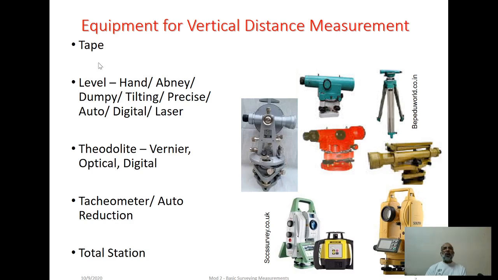We can make use of a tape, we can make use of a level. There are a variety of these levels. We can make use of a theodolite, and there are categories of theodolite. We can make use of a tachometer or auto reduction tachometer, or even the total station. As we proceed further, the whole range of equipment will be discussed under different headings.